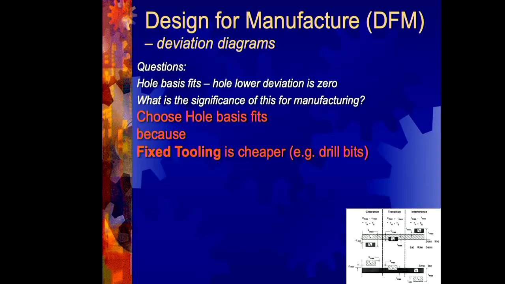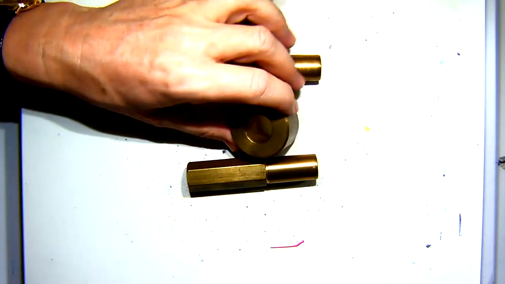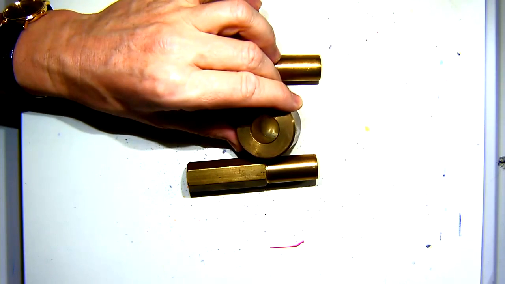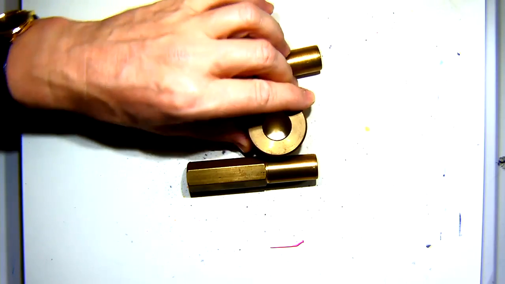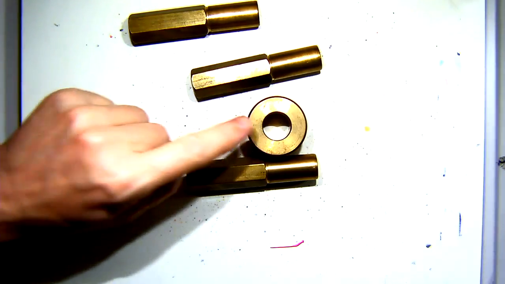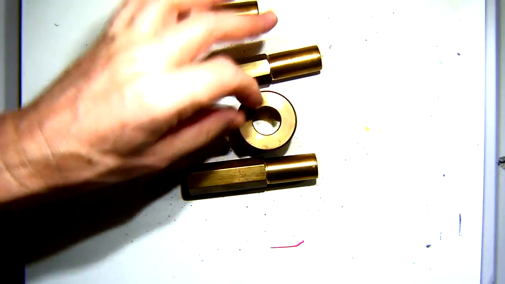And the significance: hole basis fits are useful for us. I'll go back to the model I brought in. With this simple little toy, you can imagine it's not terribly hard to get Gary or Octay or Justin down the workshop to make that for me. They drill that out.